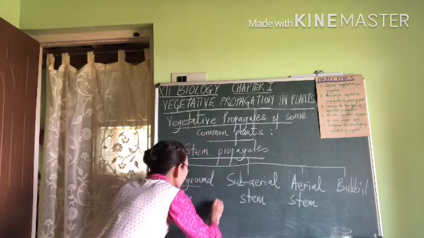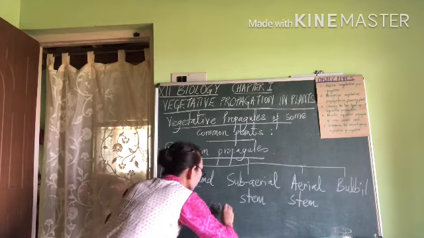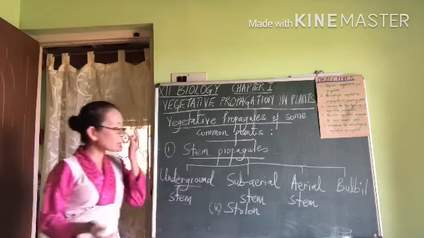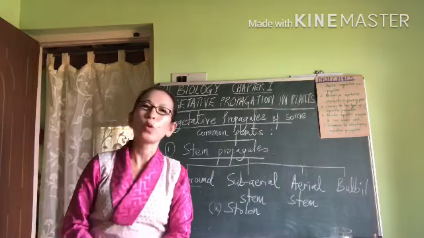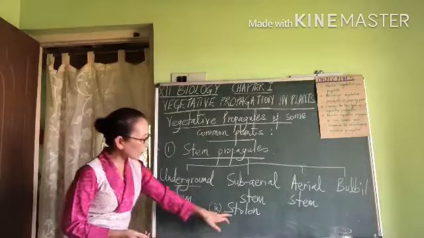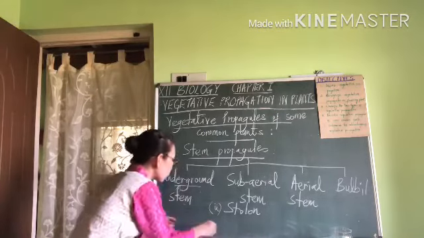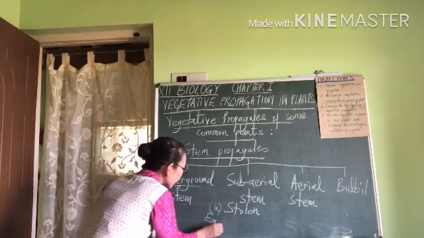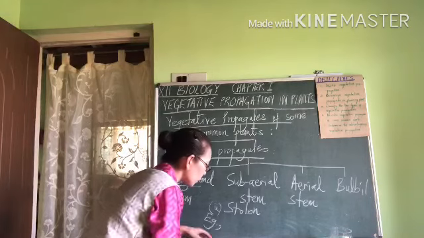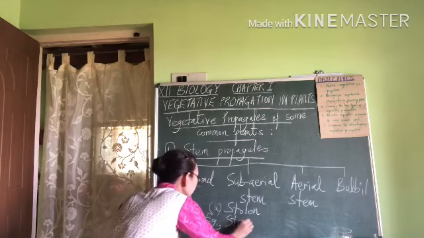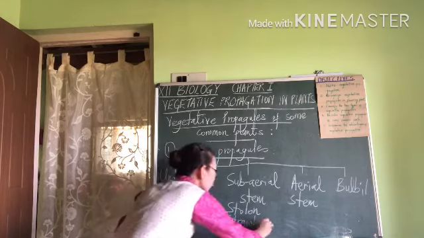Then secondly, we'll talk about stolon. So another type of subaerial stem is stolon. And what do we understand by a stolon? To understand stolon, the most common example that we can think about is strawberry.